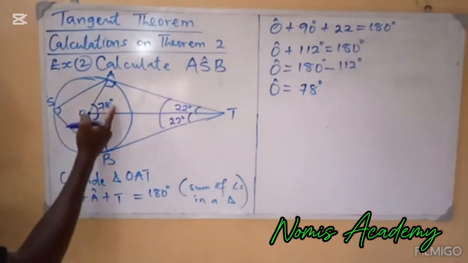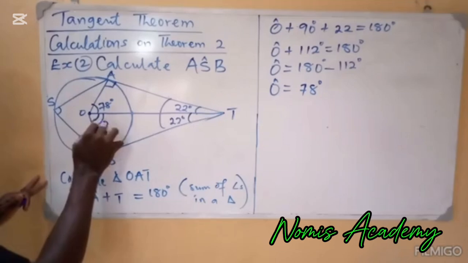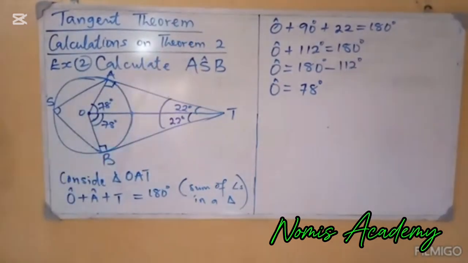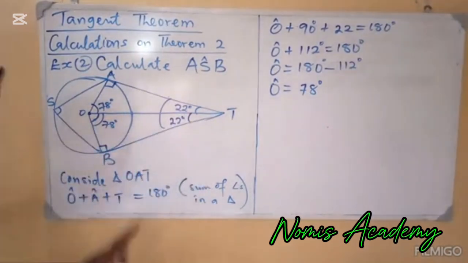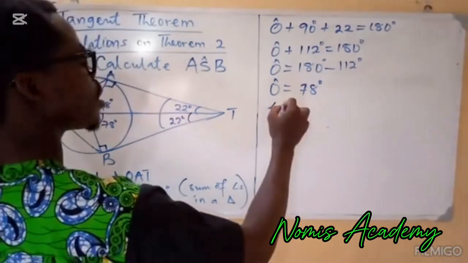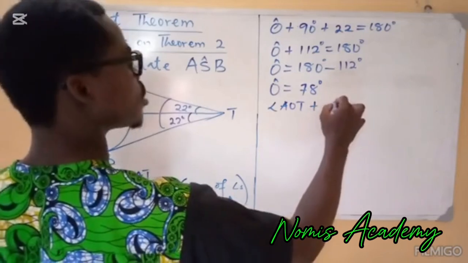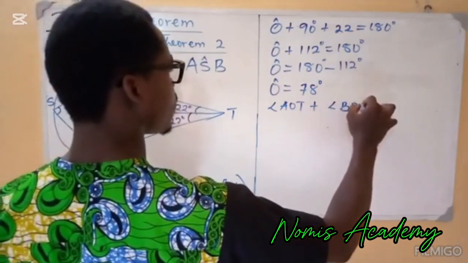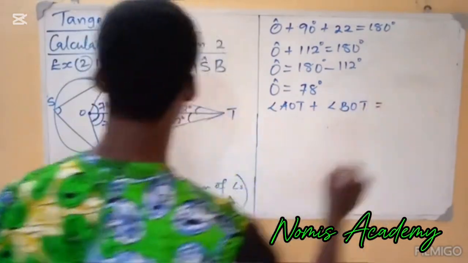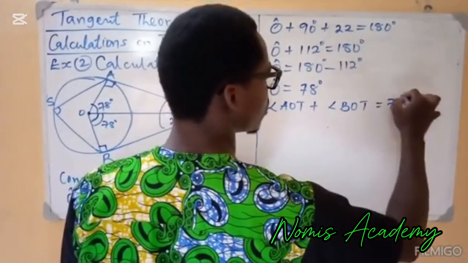Now if this angle is 78 degrees, it also means that this angle is 78 degrees, according to Theorem 2, because OT is a bisector. So we can say that angle AOT plus angle BOT is equal to 78 plus 78 degrees.